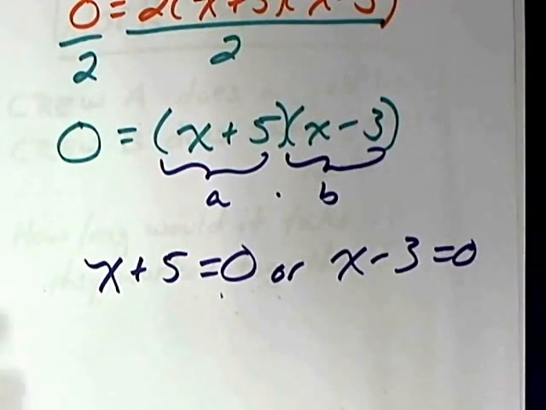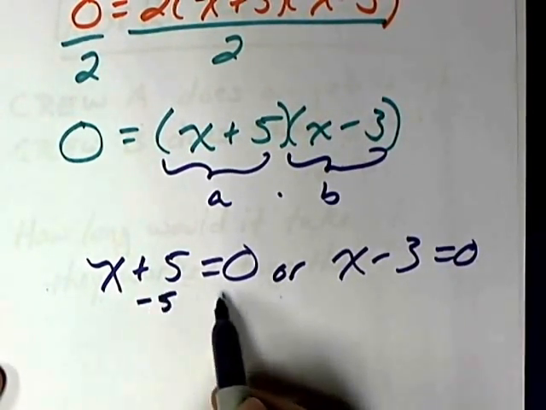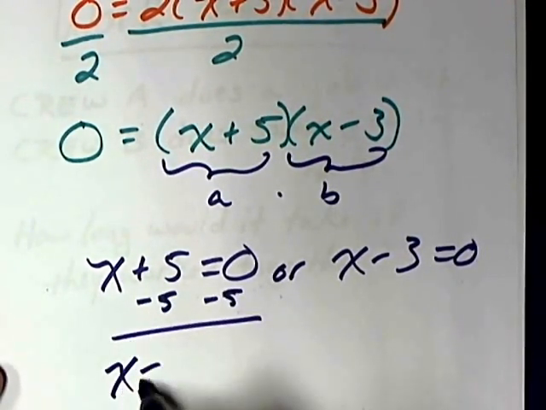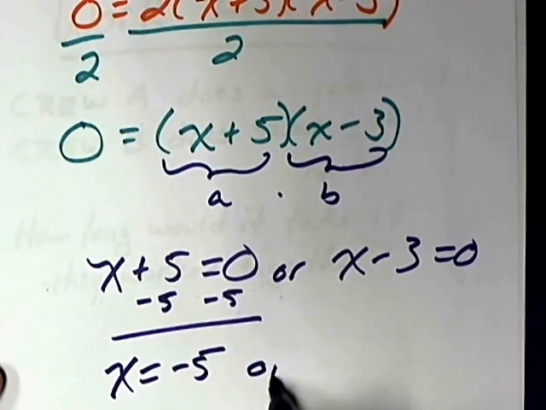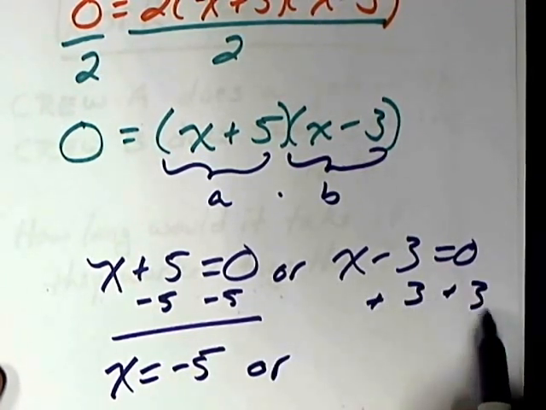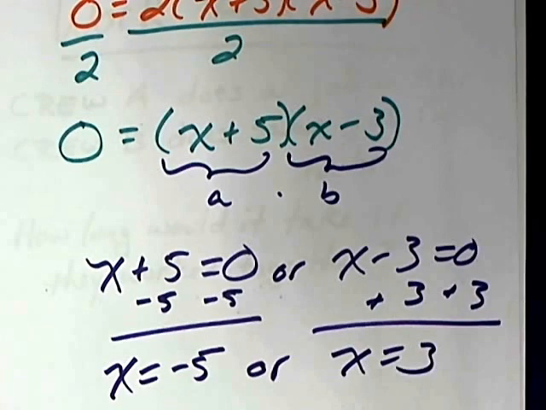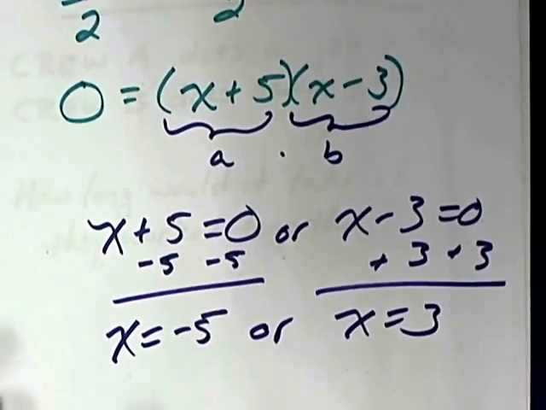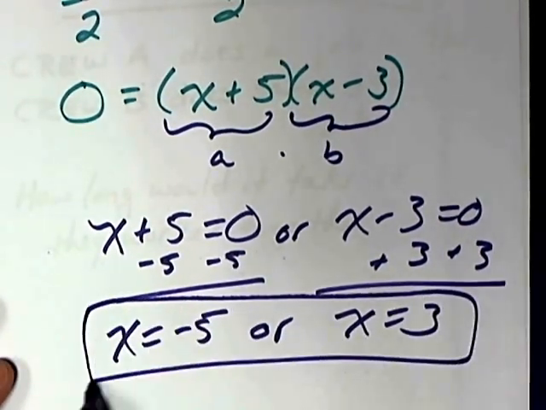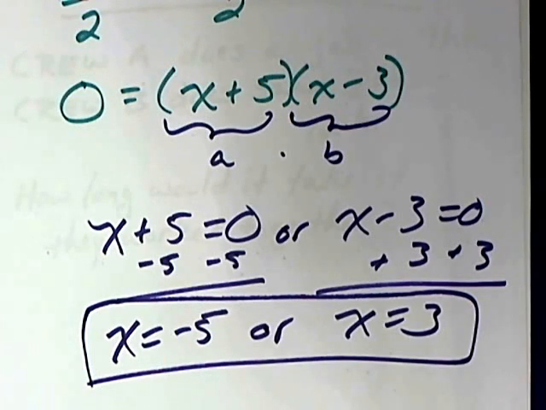And I solve those by getting x by itself. Subtract the 5, x is equal to negative 5, or add 3, x is equal to 3. So for this particular problem, we have two solutions. X is equal to negative 5, or x is equal to 3.